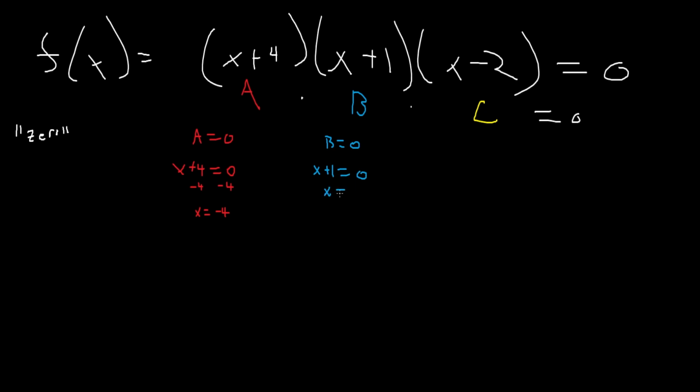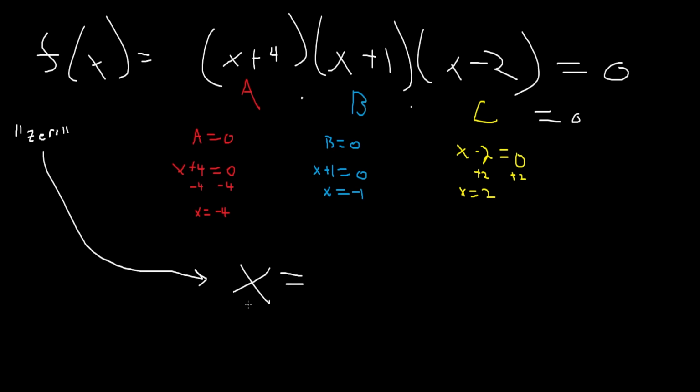Therefore, x equals negative 1, because I subtract 1 on both sides. And over here for C, x minus 2 equals 0. Same song and dance, different number. Only this time I will be adding 2 instead of subtracting 2. So x equals 2. So I have three values that x could be that would be zeros. So my zeros of this equation would be negative 4, negative 1, and 2.